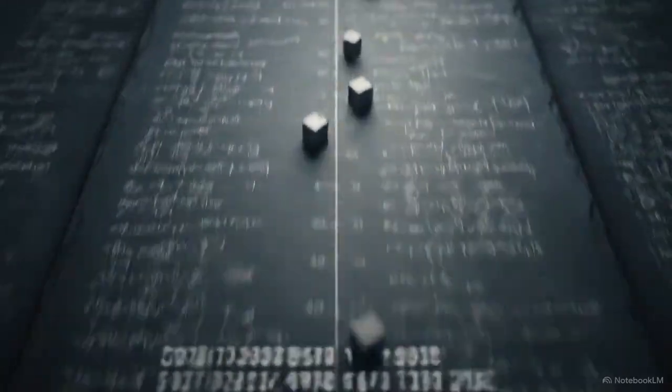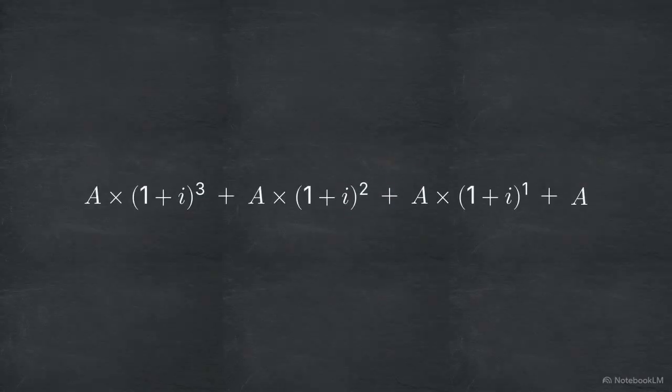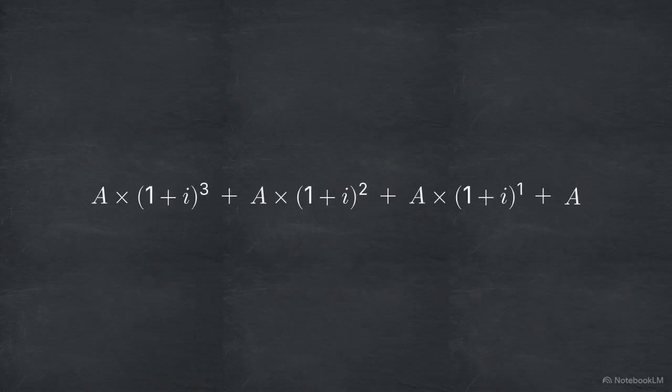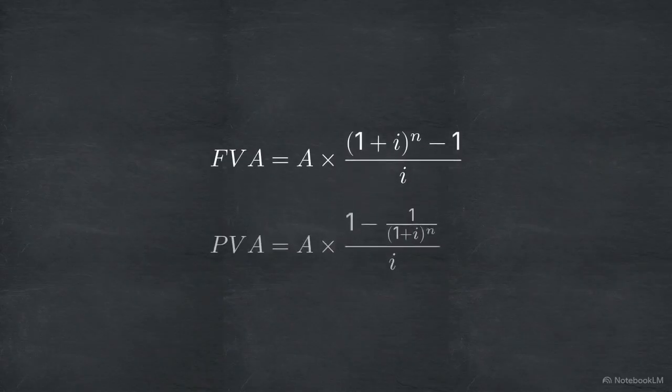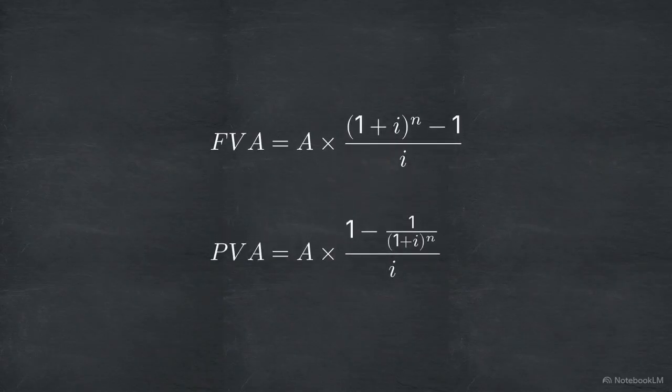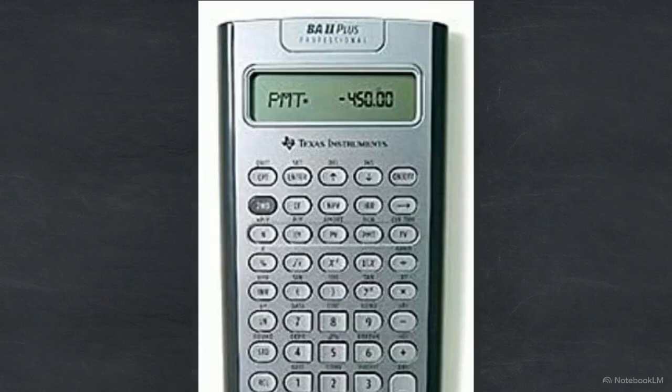The unified future value of an annuity formula, or FVA, collapses these individual calculations into a single operation. The present value of an annuity, or PVA, uses a similar generalized equation to discount a recurring series back to one present-day figure. Recurring series are mapped to the PMT key on the calculator.